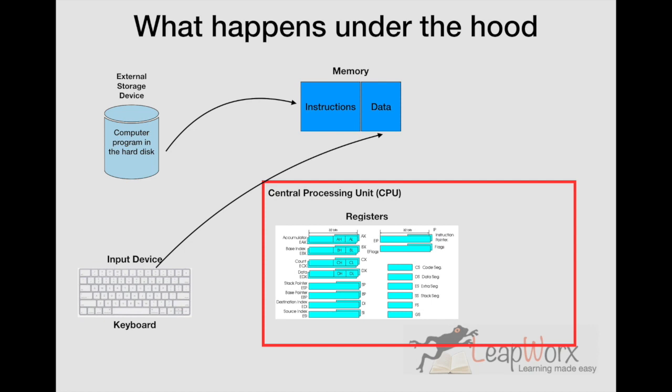Okay, so the other important unit in the computer is called the control unit. This control unit also has a little clock, which controls how fast the control unit runs, right? The control unit's job is very simple.